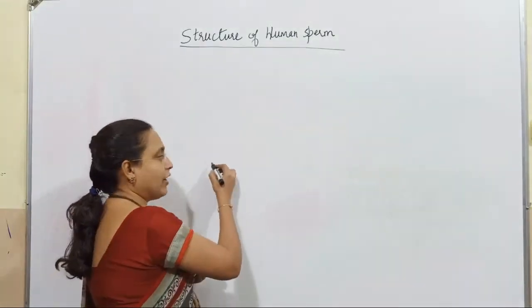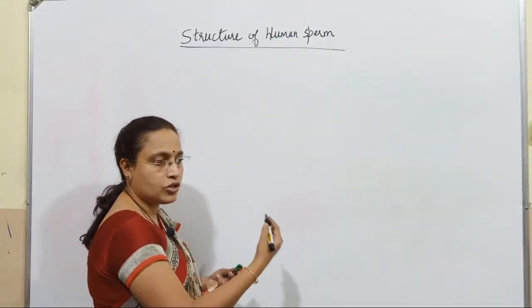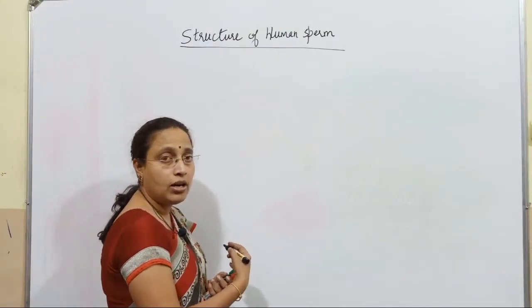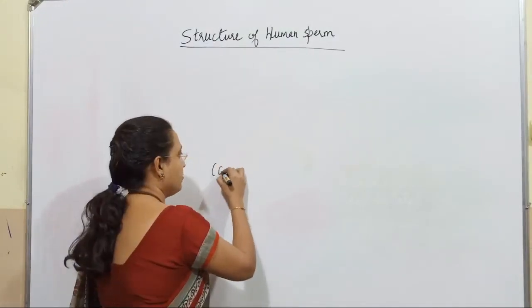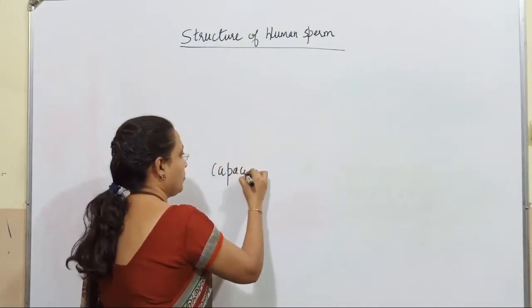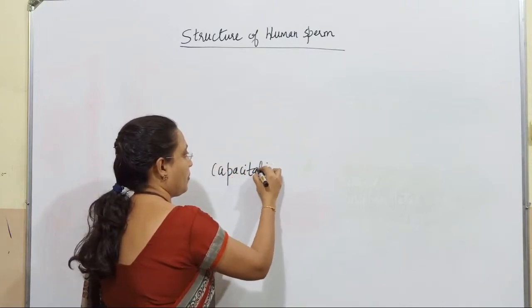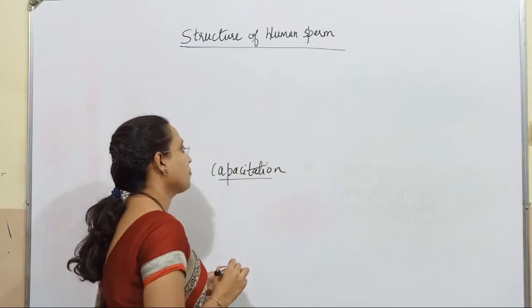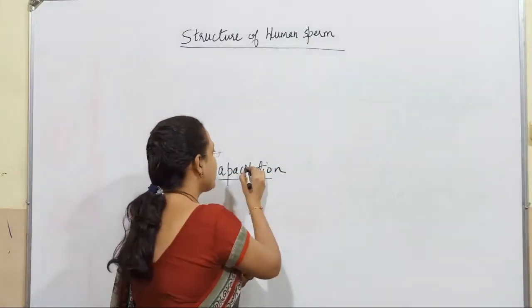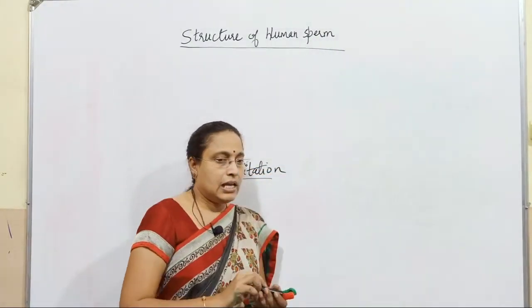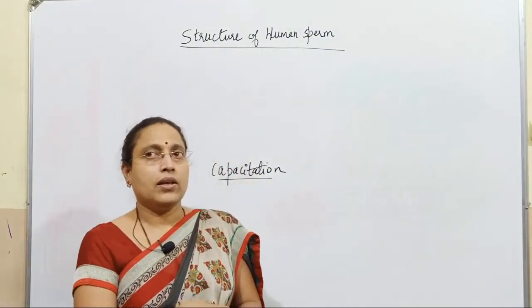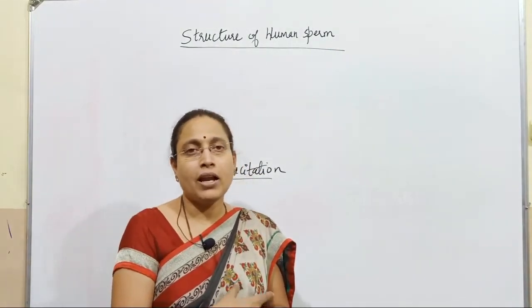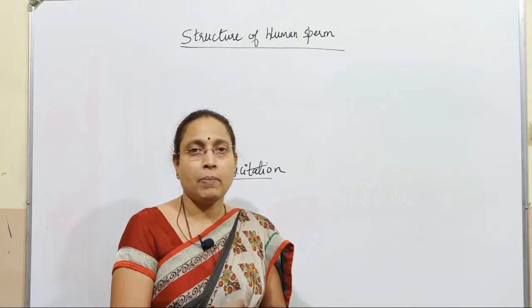Sperm undergoes a phenomenon inside the female reproductive tract, and that is called capacitation. Now what is capacitation? Activation of sperms in the female reproductive tract is called capacitation.